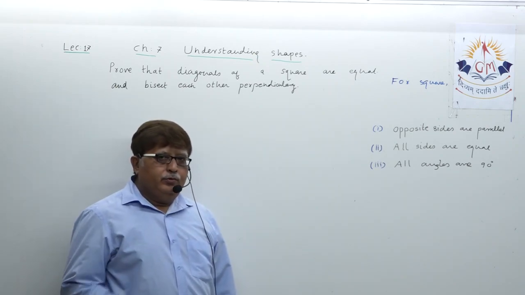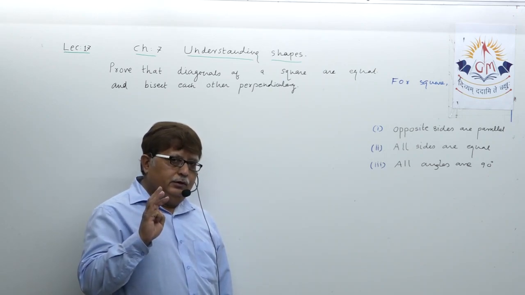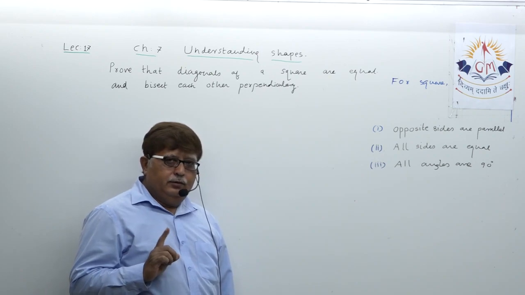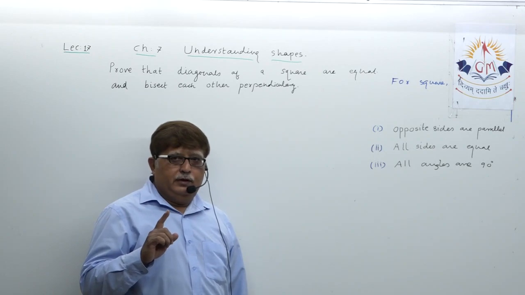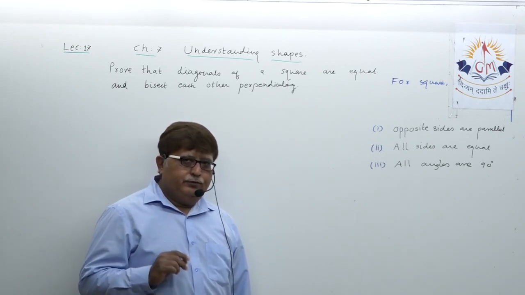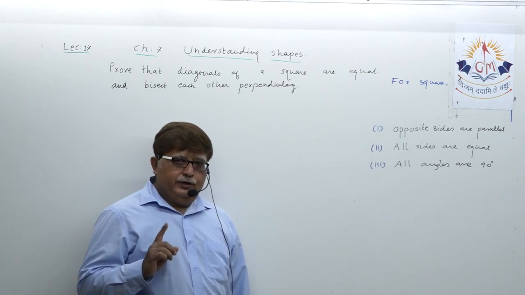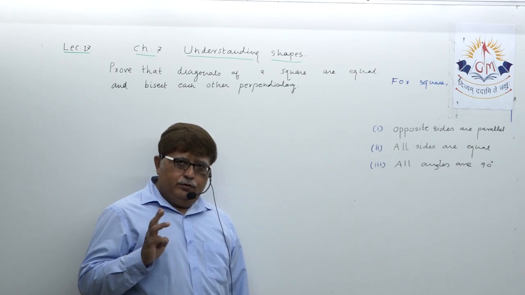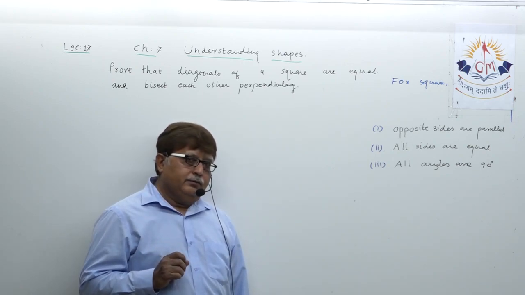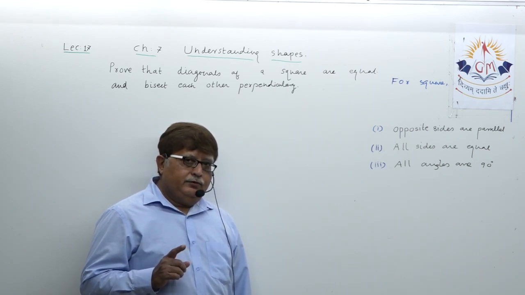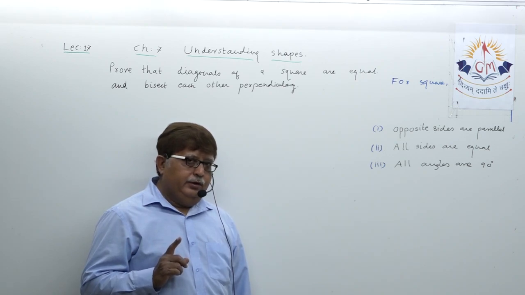You are going to prove in this theorem three facts for square. First, diagonals are equal. Second, diagonals bisect each other. Third, diagonals are bisecting each other perpendicularly.